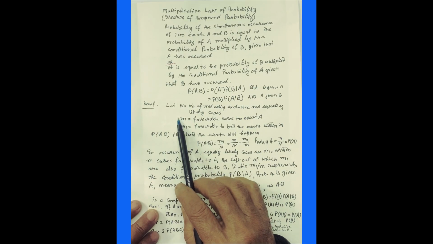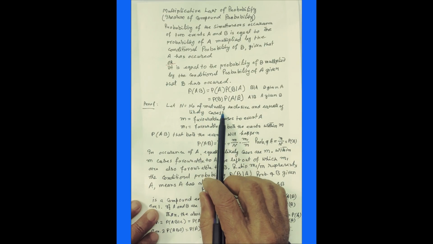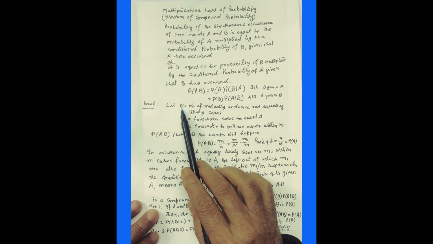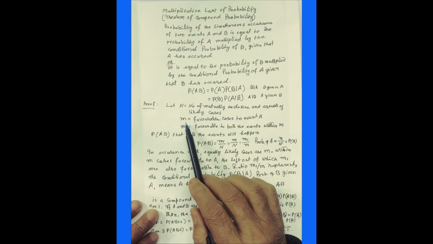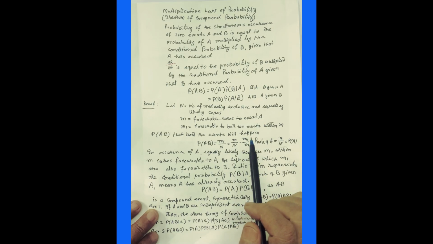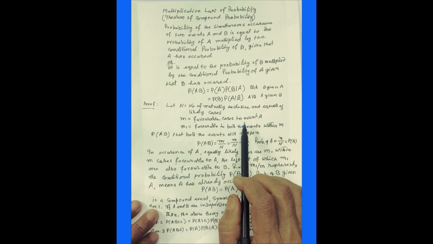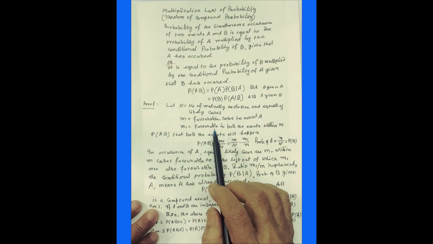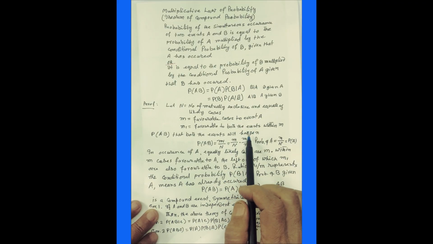Now how to prove it? Again, let there be n mutually exclusive and equally likely cases. Out of them, m are the cases favorable to event A. Then m1 are favorable to both the events within m.